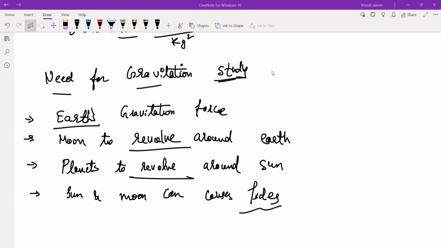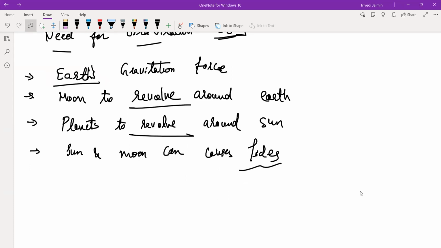Yeah, our next topic is free fall. So what is free fall? Sir, whenever an object falls towards the earth under this force alone, when the objects are falling towards the earth's surface, then we can say it is free fall.